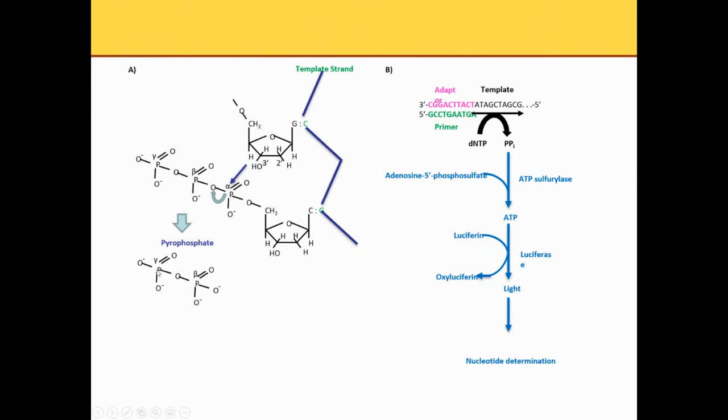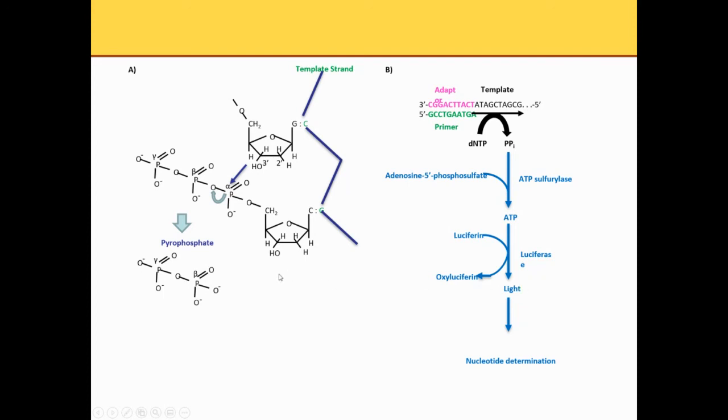This pyrophosphate can be used, in the presence of ATP sulfurylase, to convert adenosine 5' phosphosulfate into ATP, and this ATP can stimulate the luciferin to react in the presence of luciferase, converting luciferin into oxyluciferin and releasing light.